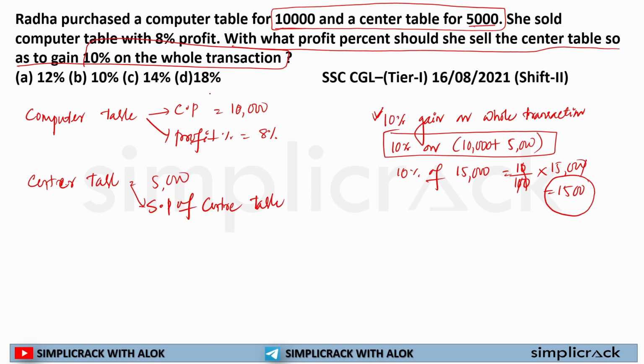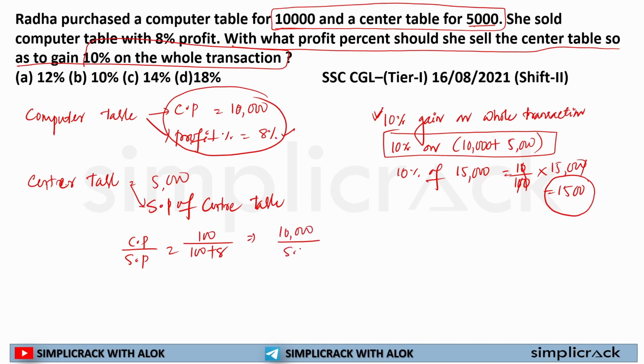So first thing we'll do, we'll find out the selling price of computer table. So as we know, cost price by selling price is equal to 100 by 100 plus profit percentage, that is 8. Here cost price is 10,000 divided by selling price is not known, 100 by 108.